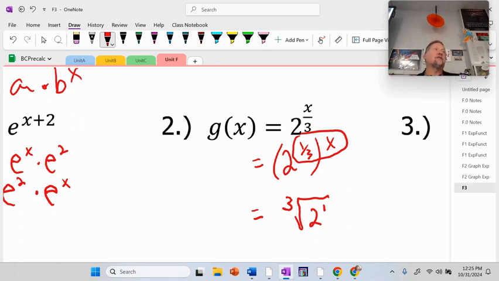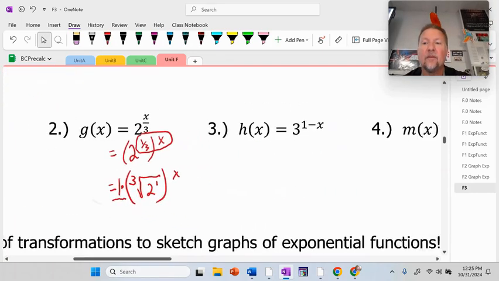I do want to put all the parts in there, so I'm trying to remind you of that rule. And then raised to the x, so yes, it changed that base. By the way, what's a? Because it says put it in y equals a times b to the x. What number is sitting out here? 1. Some people get crazy about that. These are things that we don't write.